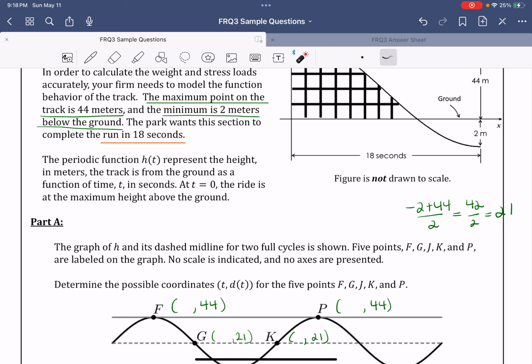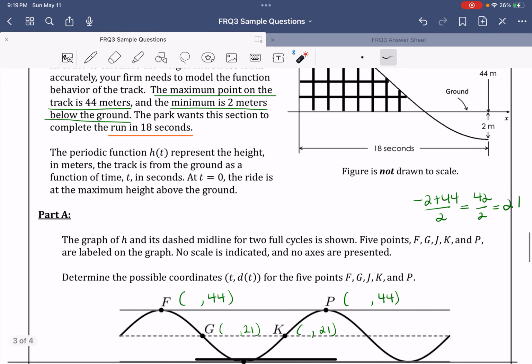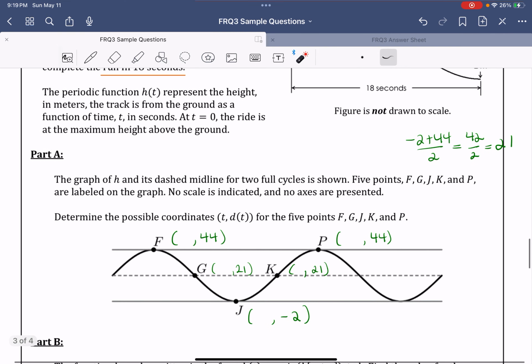So it's kind of misleading because it comes right after this sentence. The period is not going to be 18 seconds. It's actually going to be, what is 18 times 2? 36 seconds. Because 18 is just going to be half. Like it even says it, from maximum to minimum. So from here to here is 18 seconds.